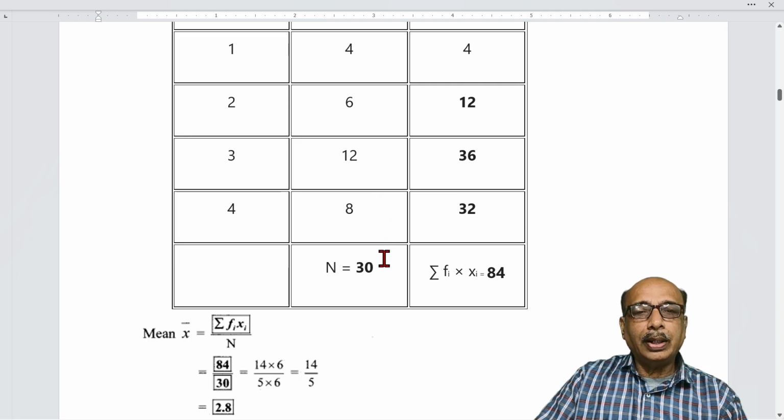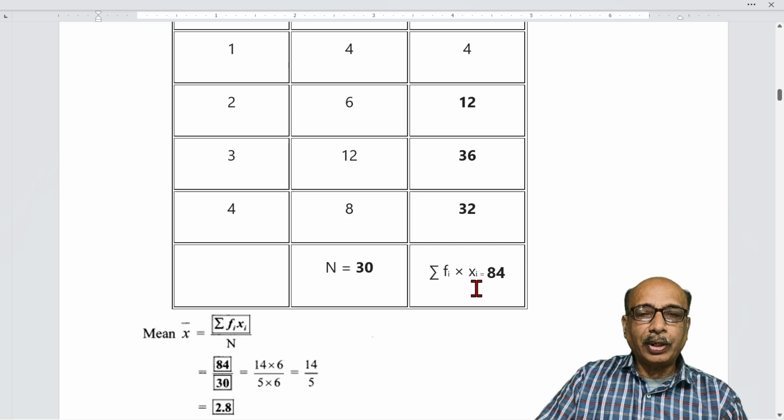Here you will make the total of this: 4 plus 6, 10, plus 12, 22, plus 8, 30. So N, the frequency total, is 30. Here also the sum of fi into xi: total of this, 4 plus 12, 16. 16 plus 36 is 52, plus 32, 84.